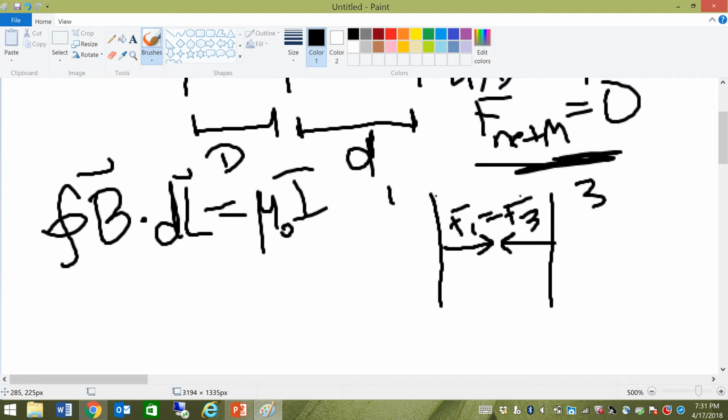But here I'm just going to integrate to L. So I'm just going to do some quick math. This becomes L, and it's an indefinite integral, and B is mu naught I over L. You just divide over that. Hopefully you guys can follow along.